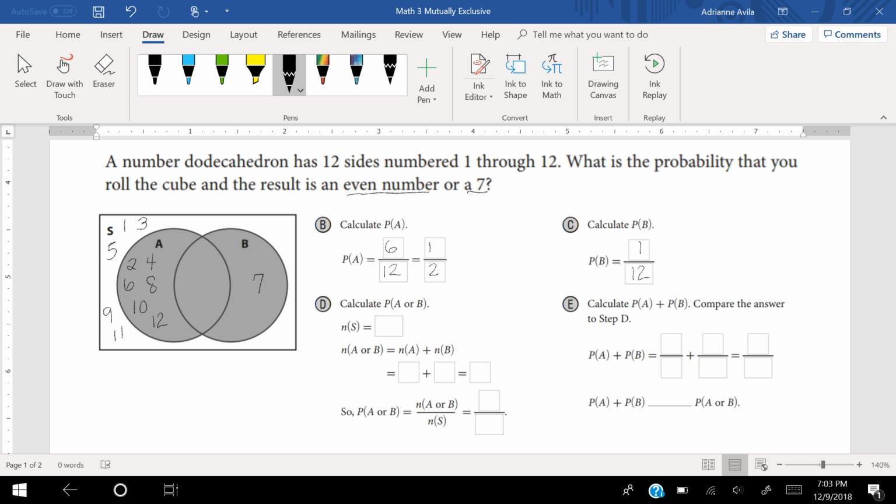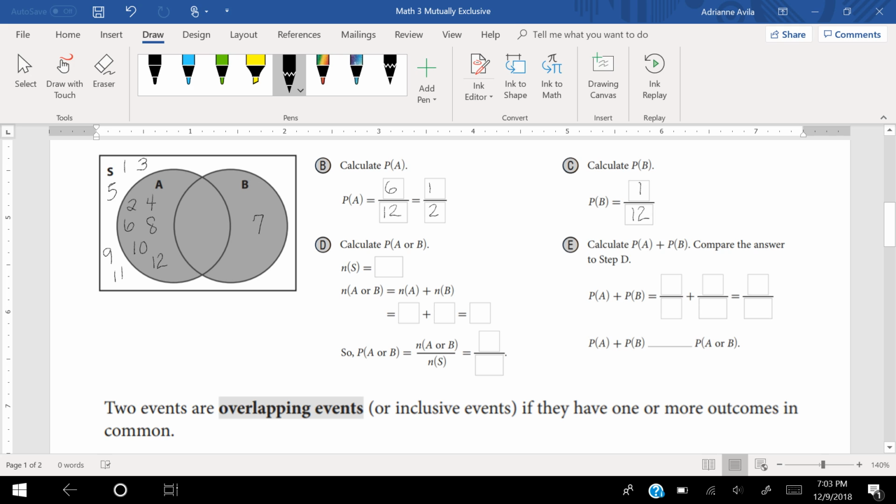So let's look then at calculating the probability of getting A or B. The total number of options in the sample is still 12. The probability of getting something even, there are 6.